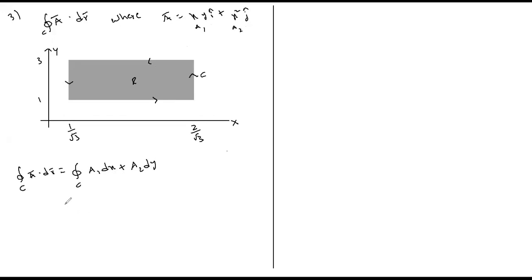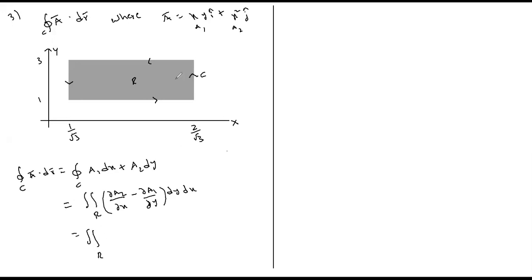So by Green's theorem, because it is a simple closed curve, I can now apply Green's theorem. So this is the double integral of dou a2 by dou x minus dou a1 by dou y, dy dx.